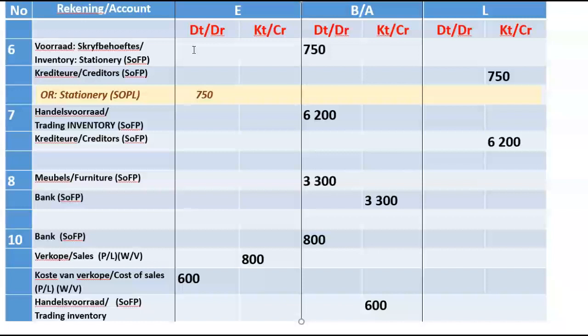And then we will need an adjustment entry in any event. So you could either have debited an inventory account stationery, which is an asset account, 750 Rand, or you could have debited an expense account stationery 750 Rand. Both of them will be correct. Stationery, statement of profit or loss.